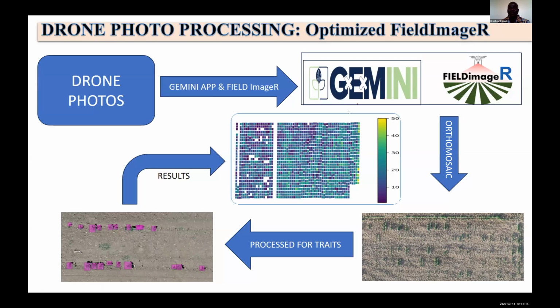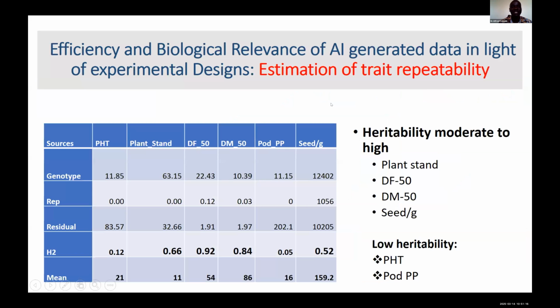Just to give you a quick feel of how we have utilized this data in the breeding program to make decisions. Having an AI tool is a good thing, but don't get too excited about it. Sometimes, students, there's an aspect of getting excited about technologies.